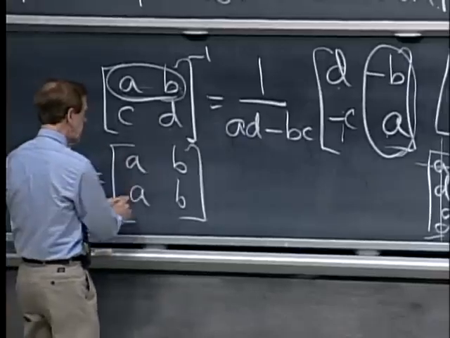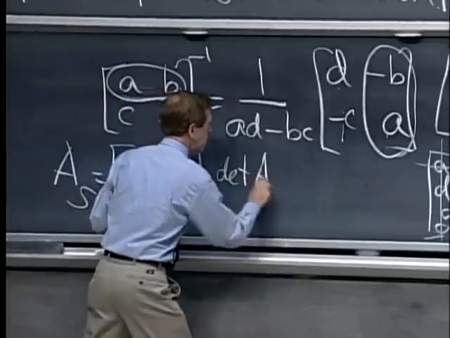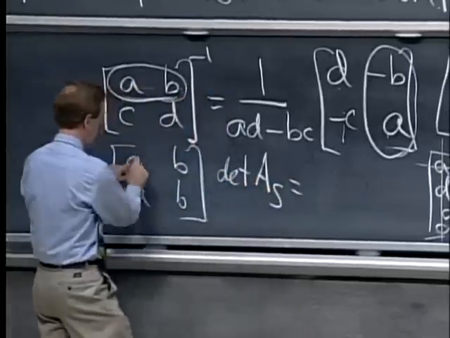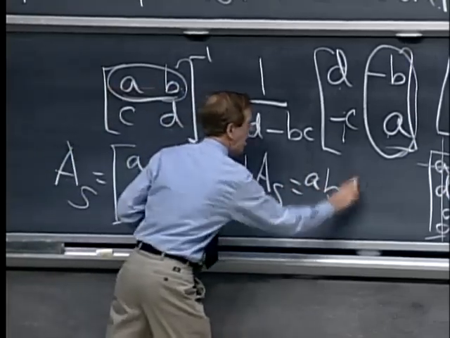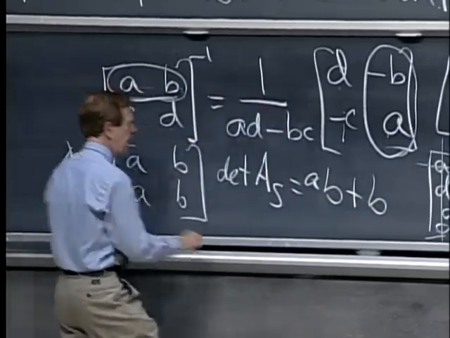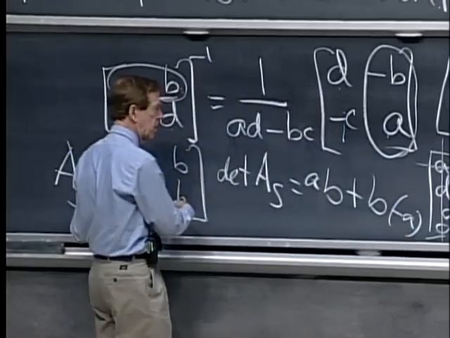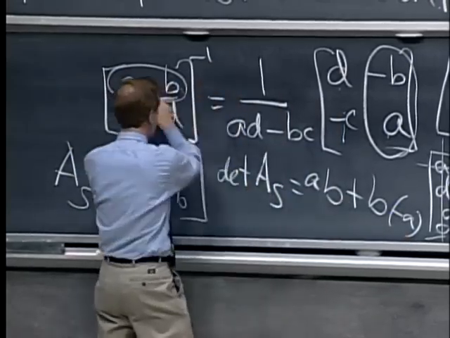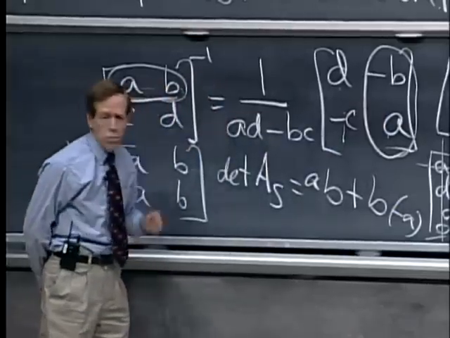So the determinant of A screwed up is A times its cofactor, which is B, plus the second guy times its cofactor, which is minus A. And of course, I get the answer 0, and this is exactly what's happening in that row times this wrong column.